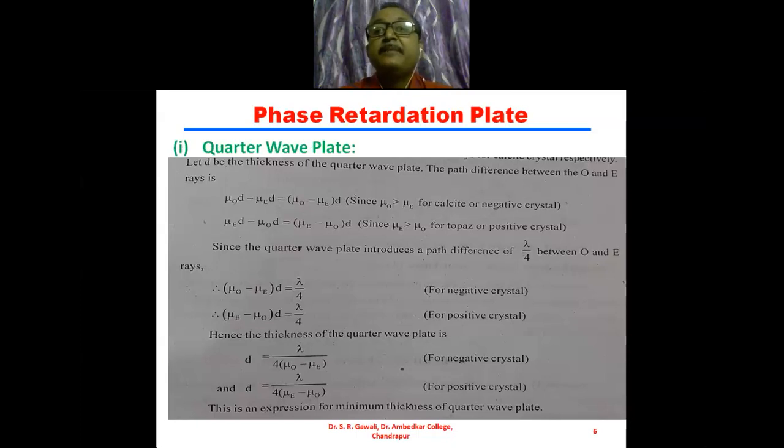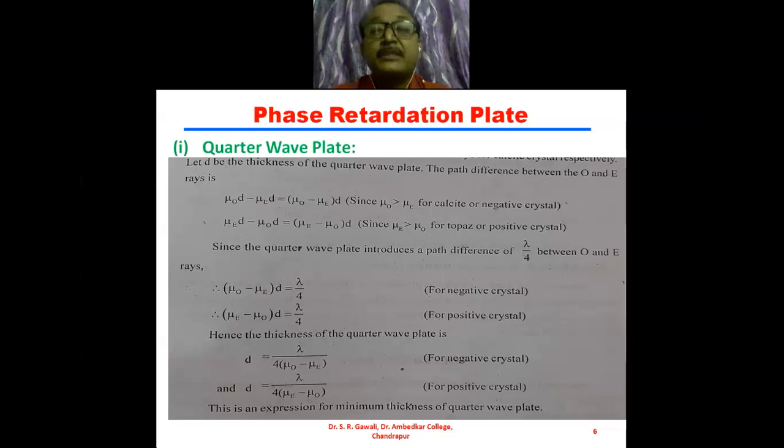The path difference between the ordinary and extraordinary ray is mu O D minus mu E D, because for the calcite crystal, mu O is greater than mu E. Therefore mu O D is the optical path minus the optical path for the extraordinary ray, which equals mu O minus mu E into D.